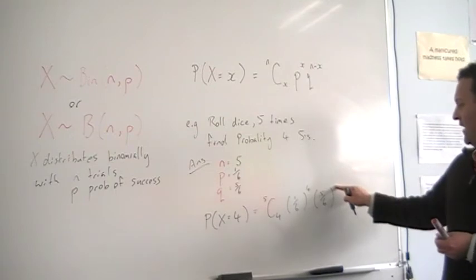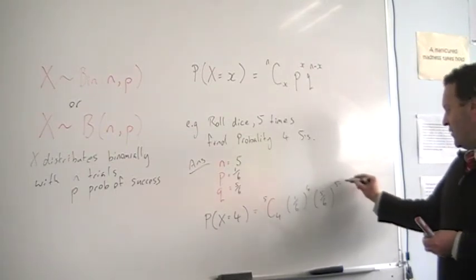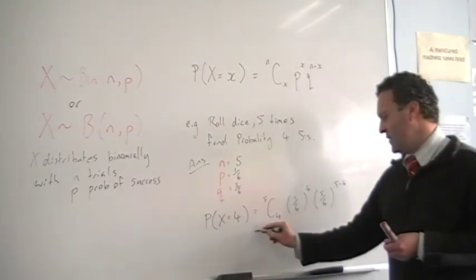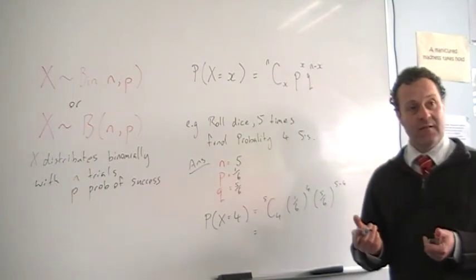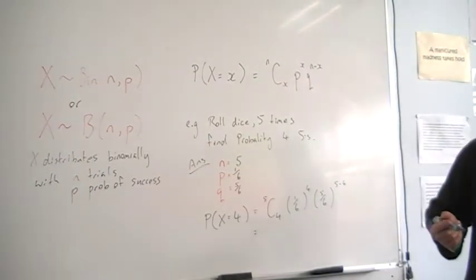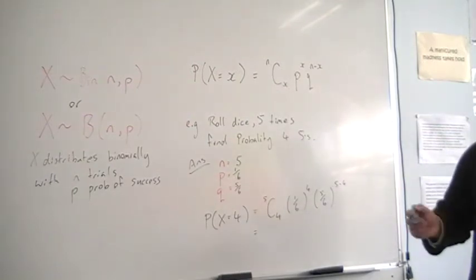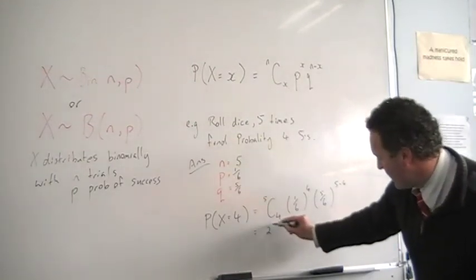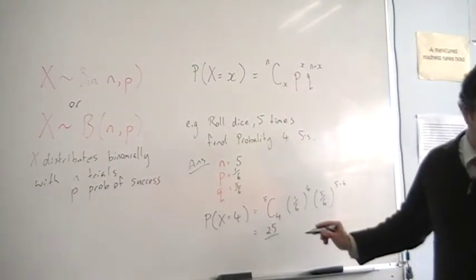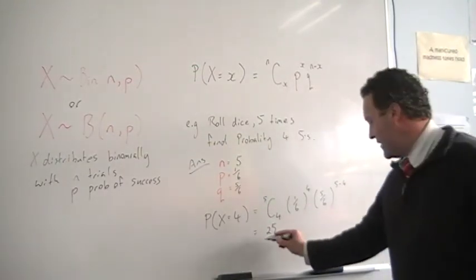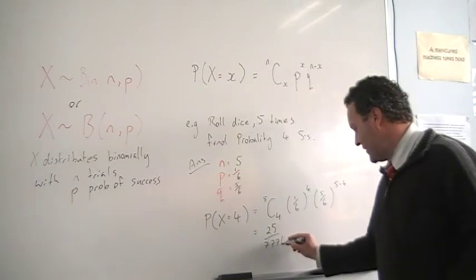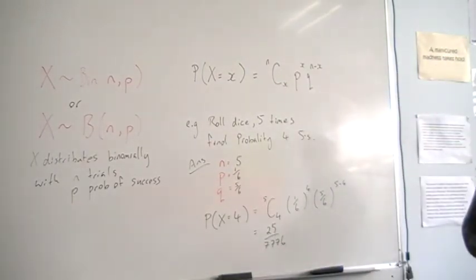And what am I going to write here? 5 minus 4, or 1. And then I type it into my calculator, and I get as an answer, hopefully, 25 over 7776. Really quick calculation. Quite proud of myself there.